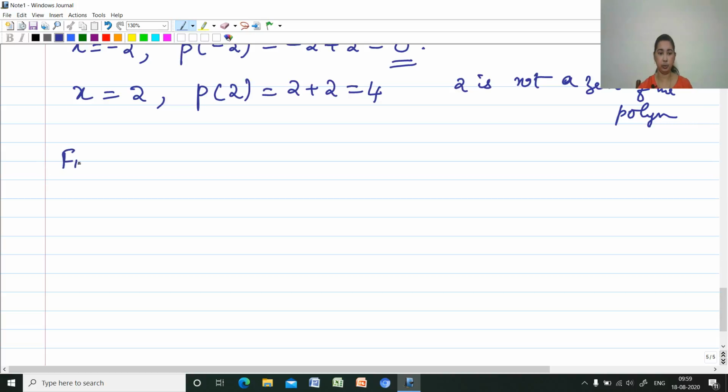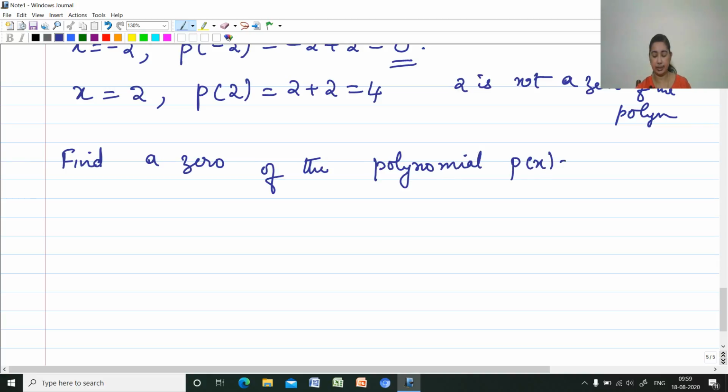Find a zero of the polynomial p of x is equal to 2x plus 1. To find a zero of the polynomial, we have to put 2x plus 1 as 0.